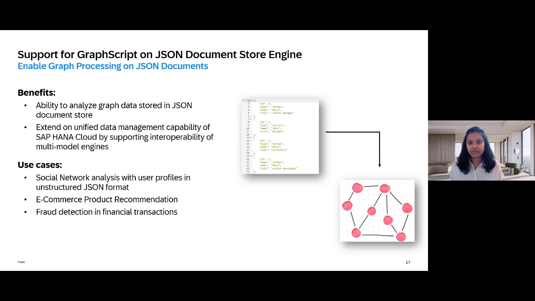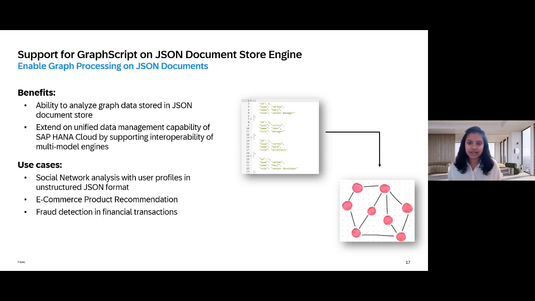So the graph engine, we know, can effectively analyze social networks, which reveals patterns, communities, and finds influential individuals in the network. So by extracting the relationships and attributes from JSON data representing user profiles or interactions, the graph engine can identify key players, uncover hidden groups, or track the spread of information or influence.